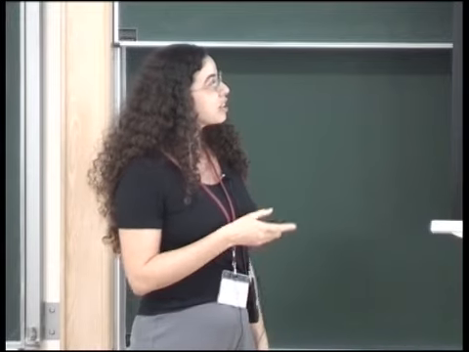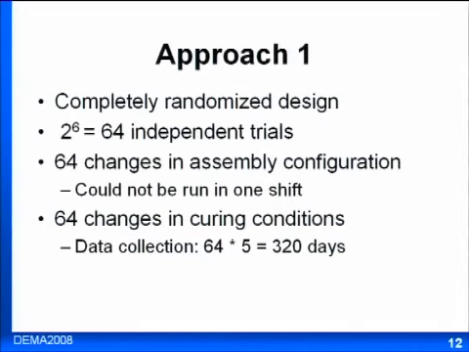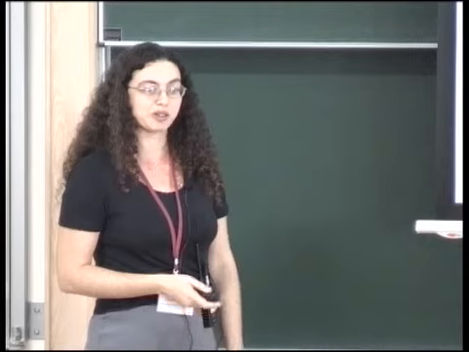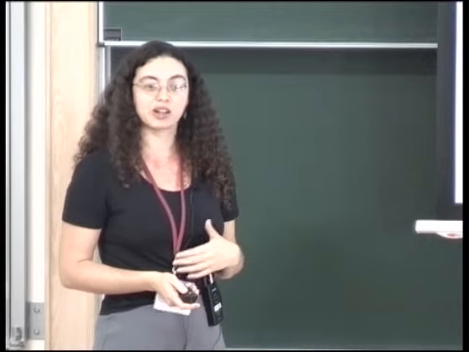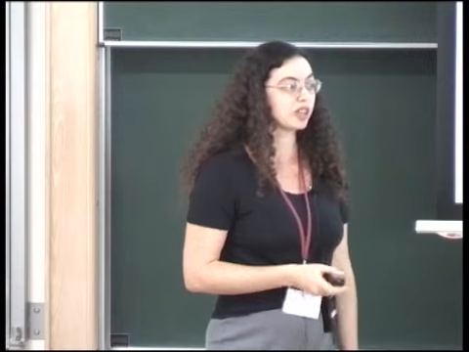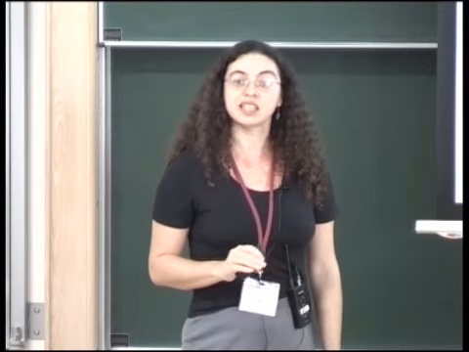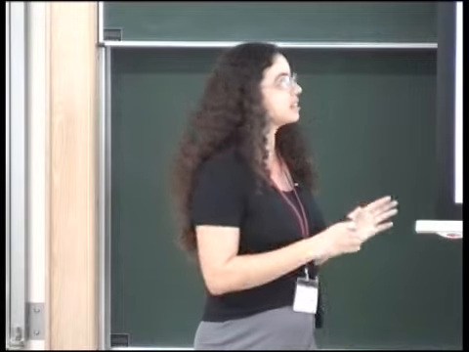Each cycle of the curing stage takes at least 5 days. Remember that you have only 1 room. If you put only 1 experimental unit, it will take 5 days. So for 64, it would take 320 days. It's impossible to wait that long to run an experiment. So a completely randomized design is out of the question in this application.